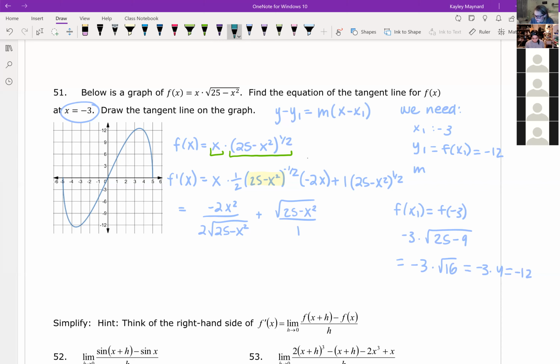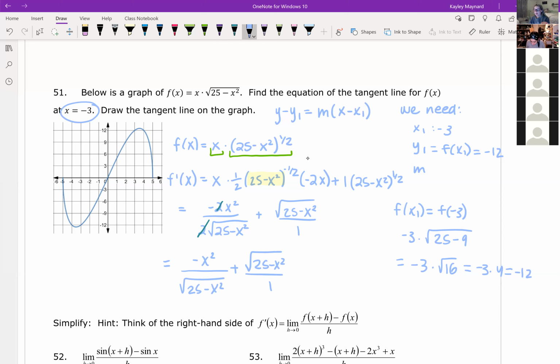And then something nice here is that this 2 cancels out. So now we're just left with negative x squared over the square root of 25 minus x squared plus the square root of 25 minus x squared over 1.